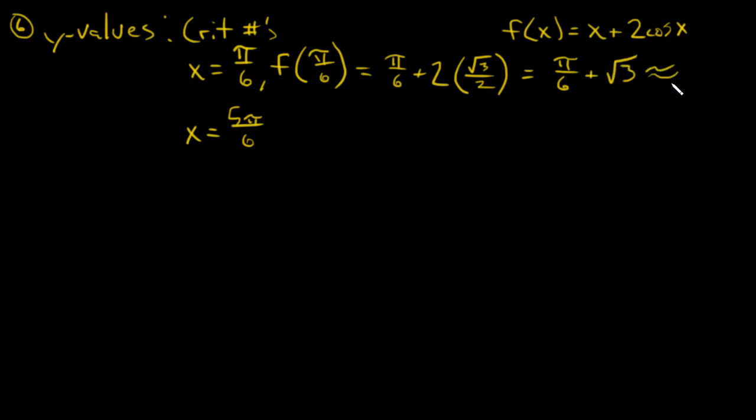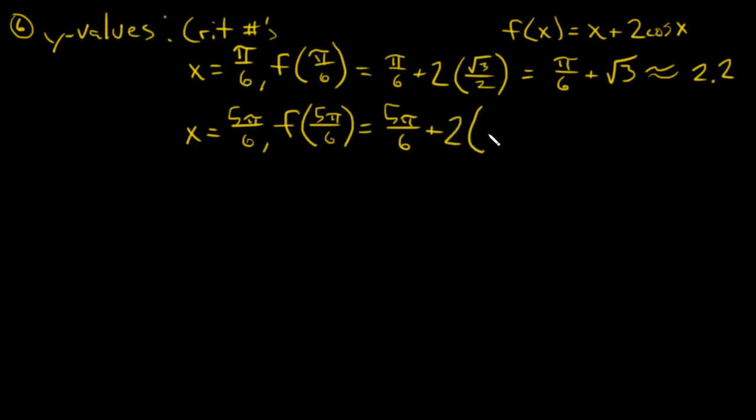And that is approximately, if I do it out, 2.2, roughly. Alrighty? And how did I know that? I did it beforehand. Pi over 6 is going to be 0.5 something, and then square root of 3 is 1.7 something. So 0.5 and 1.7, about 2.2, so it makes sense. F of 5 pi over 6 is going to be 5 pi over 6 plus 2 times, well, now we've got negative root 3 over 2, right?